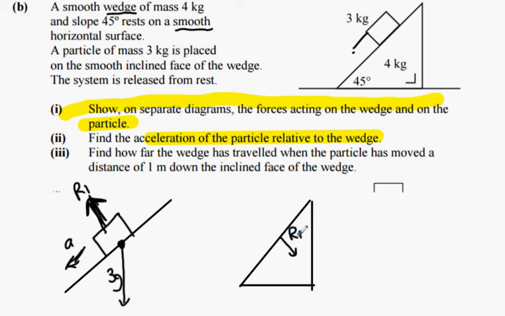You're not supporting the particle's full weight because the particle is sliding down the face of the plane. That's why we only absorb a certain component of the weight. We have 4G acting directly down. Can anybody tell me what might act directly up? Anybody? R2. R2 is acting directly up.